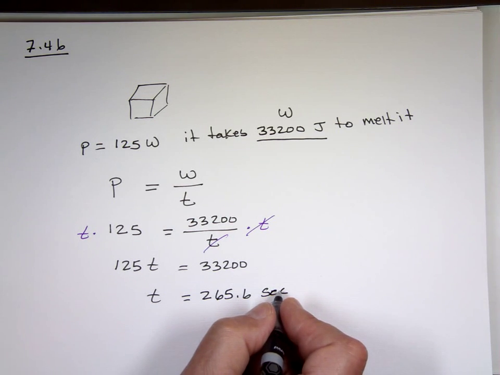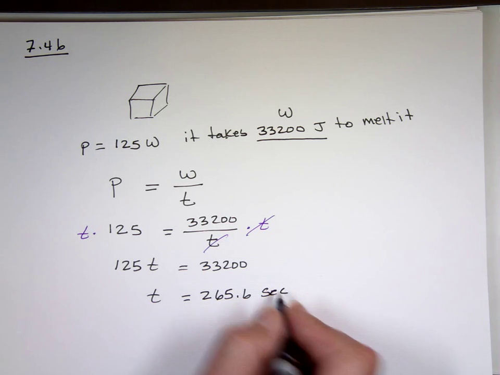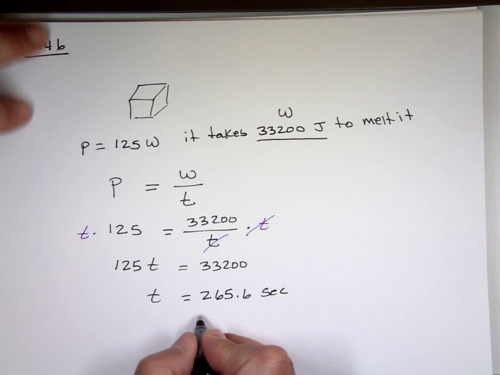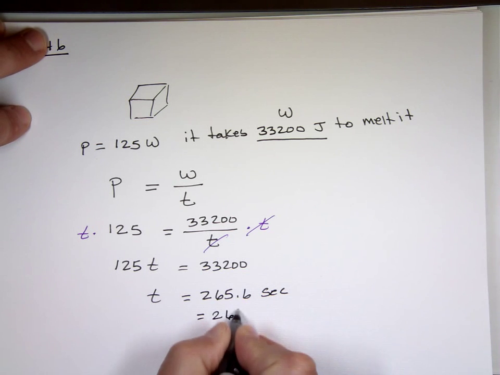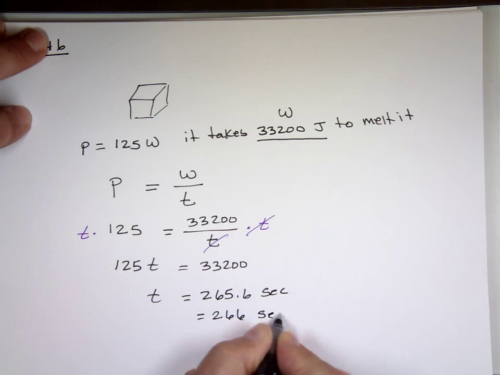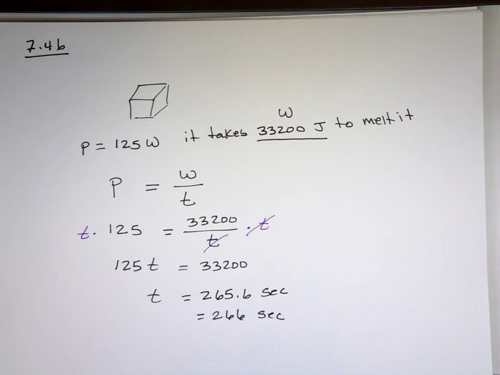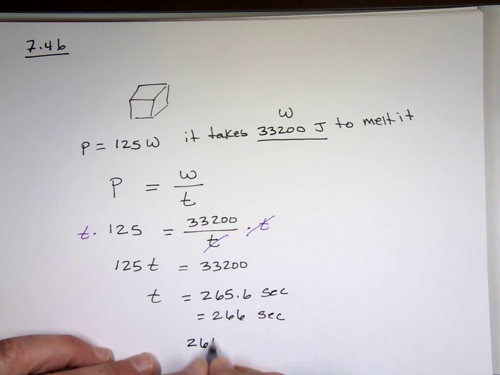How long does it take to melt? My numbers are 3 significant digits. So what is that, 266? And they want it in minutes, by the way. 266 divided by 60. 4.43 second.